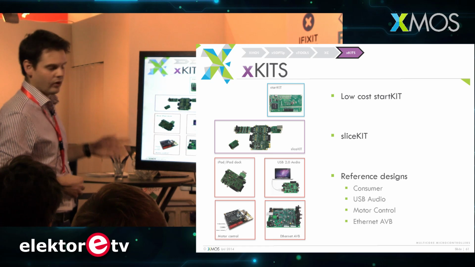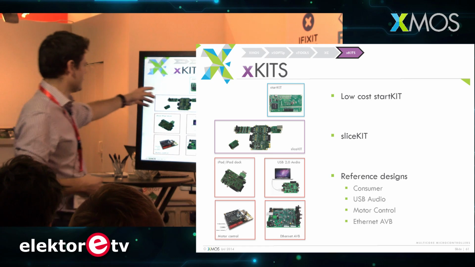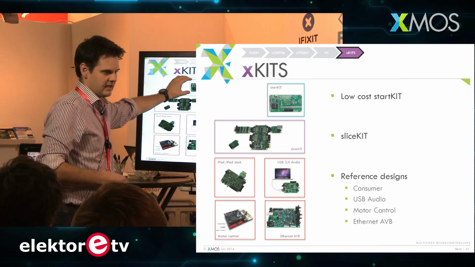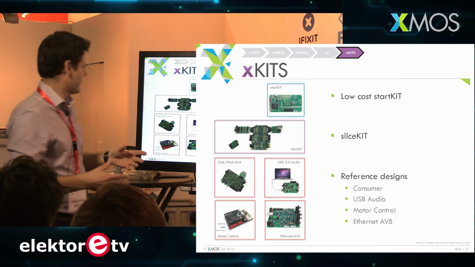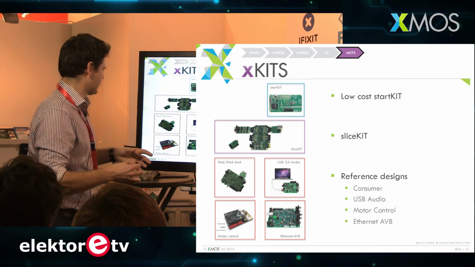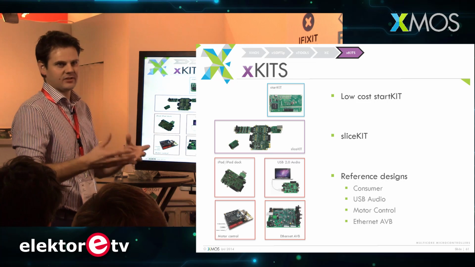In fact, it's an 8-core device. It has ADCs. It has a lot of IOs pinned out, so you can start using this very quickly and get right inside how to work with the xCore environment and the xCore controllers.